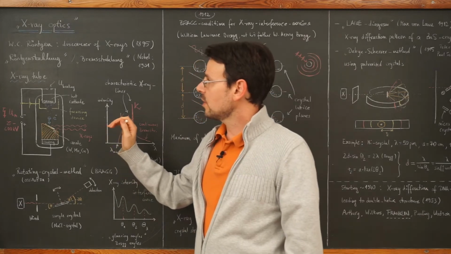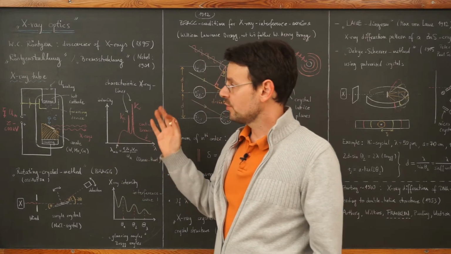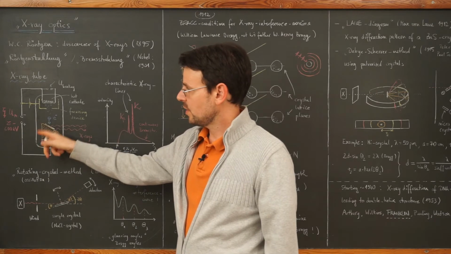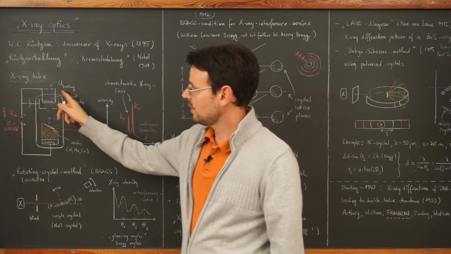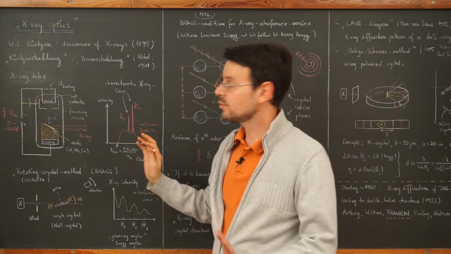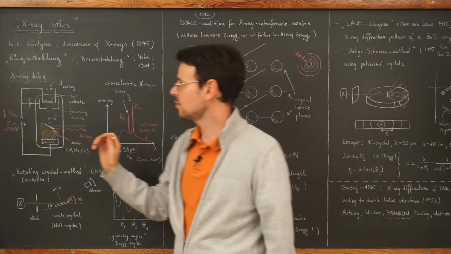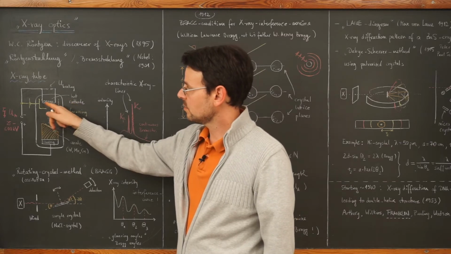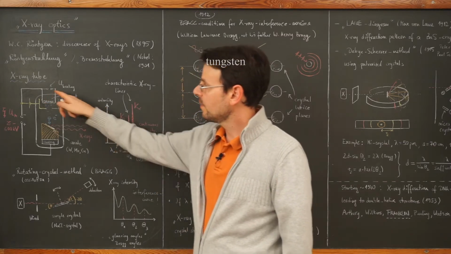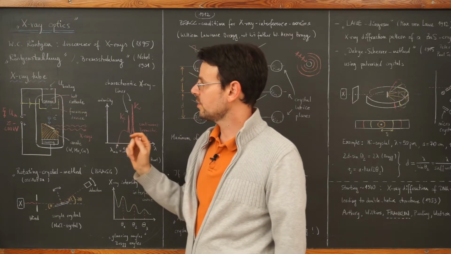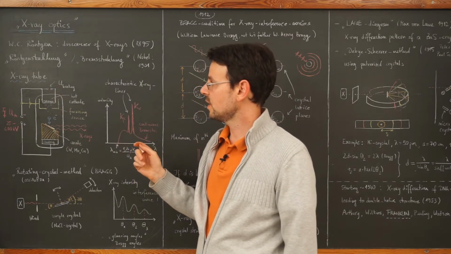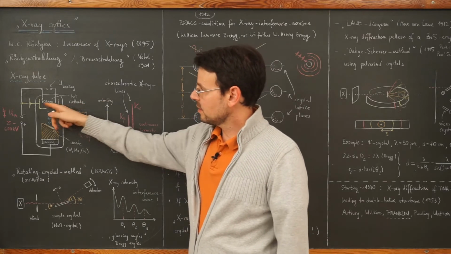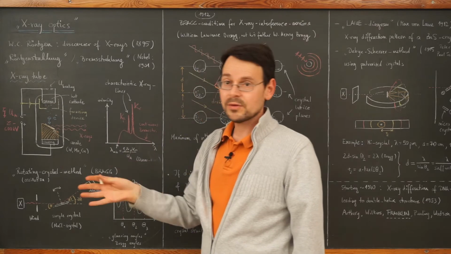Now first we have a look at an X-ray tube that produces X-rays. We have a glass tube that is evacuated, and here the wiring is simplified, so the engineering students, please forgive me. Here I have a hot cathode, simply a wolfram wire that is heated by this voltage, about 6 volts of alternating voltage, and by the Edison effect, as soon as it gets hot, it emits electrons.